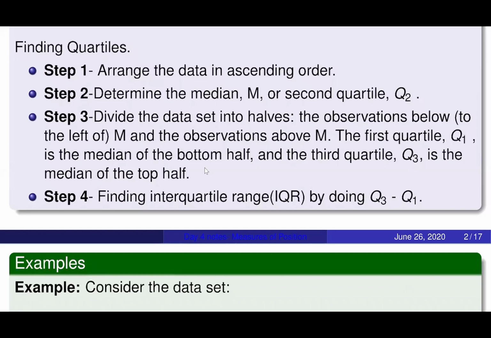Then once you find those, we're also going to find something called the interquartile range, which is just quartile 3 minus quartile 1. So those are the steps that we're going to use in order to find these quartiles.